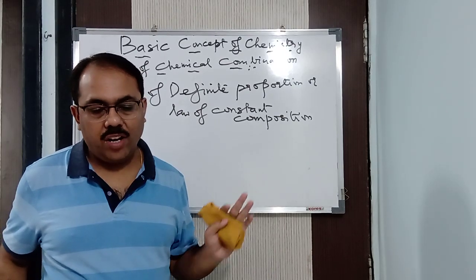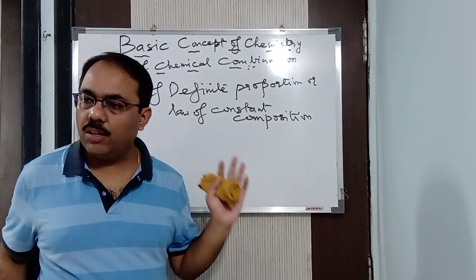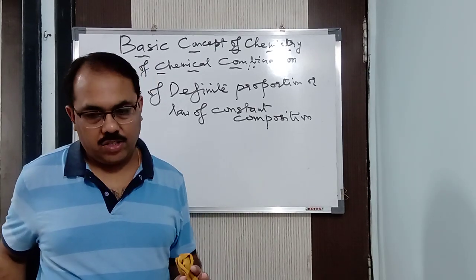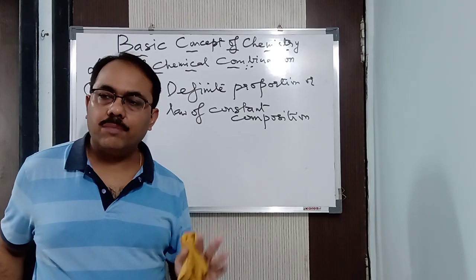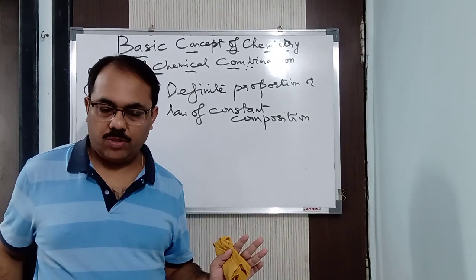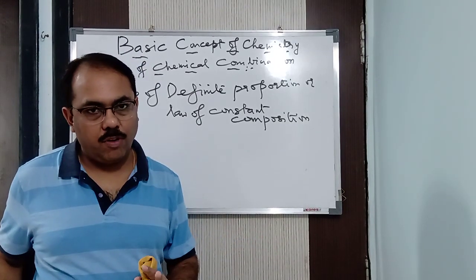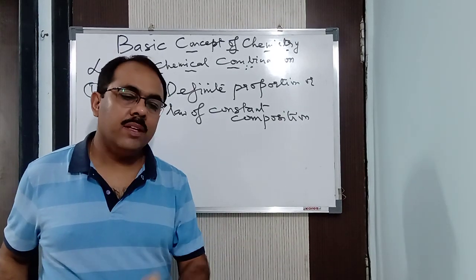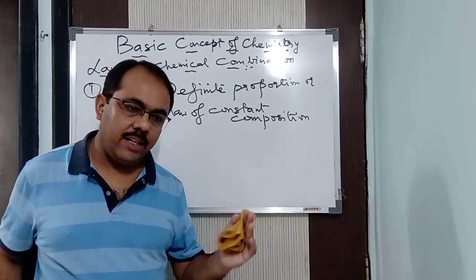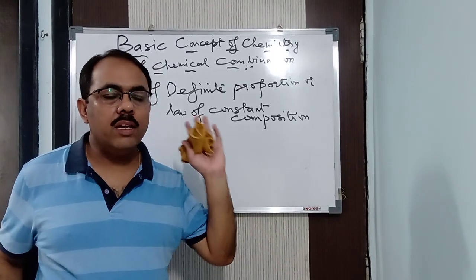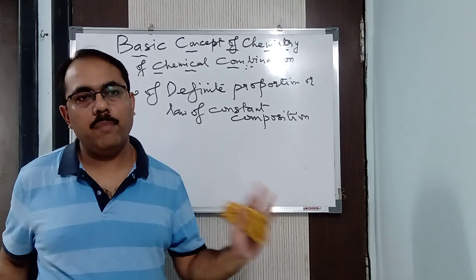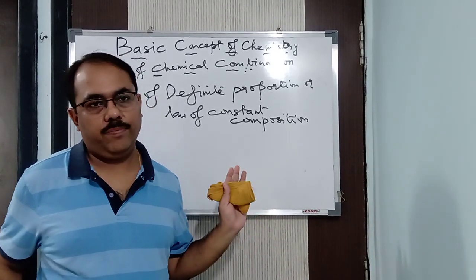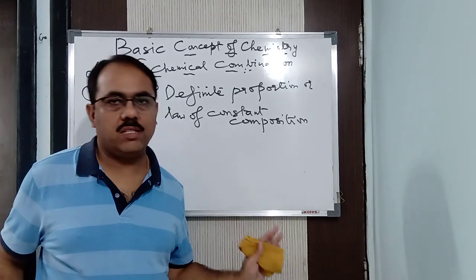In this way you can say that the reactants which are combining to form the product, that is a compound, always combine in a simple whole number ratio by mass, and that particular ratio remains always constant.